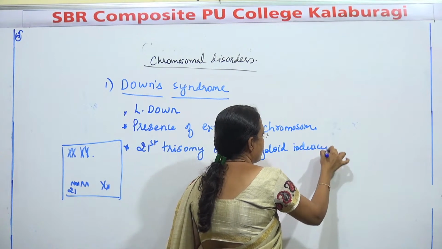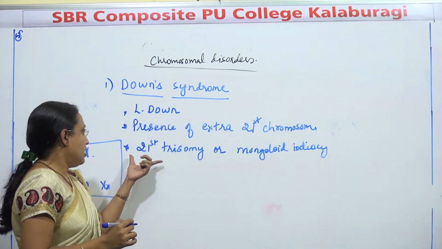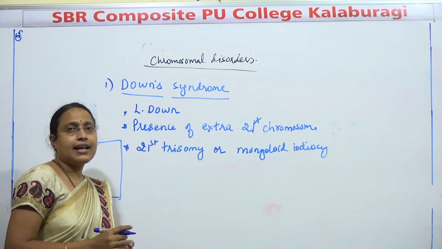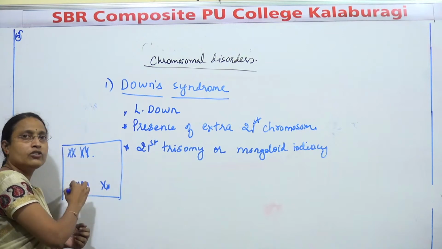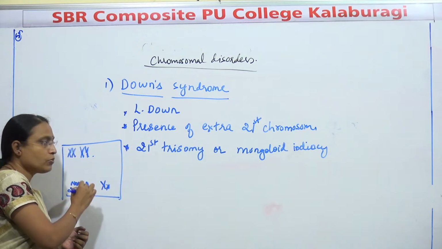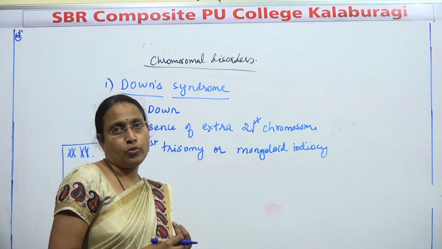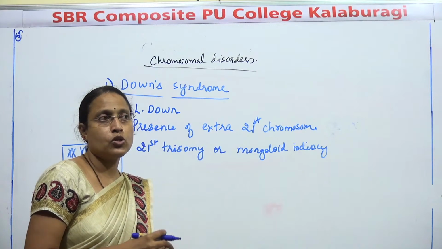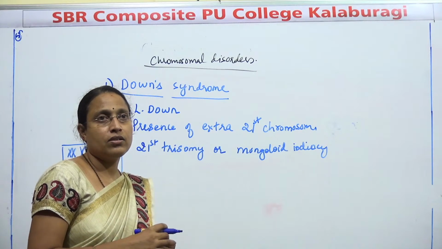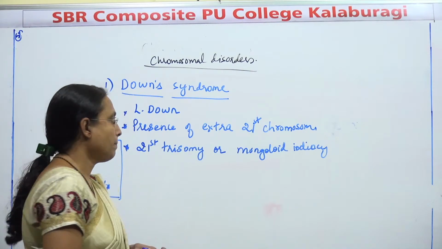It is also called G trisomy because this 21st chromosome belongs to the G group. I told you 8 groups are there, A is the first group and G is the last group. So the 21st chromosome, G trisomy. That's why it's also called G trisomy.